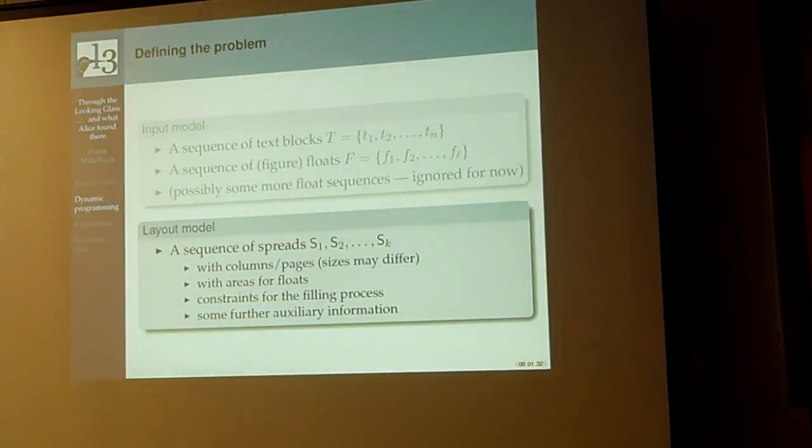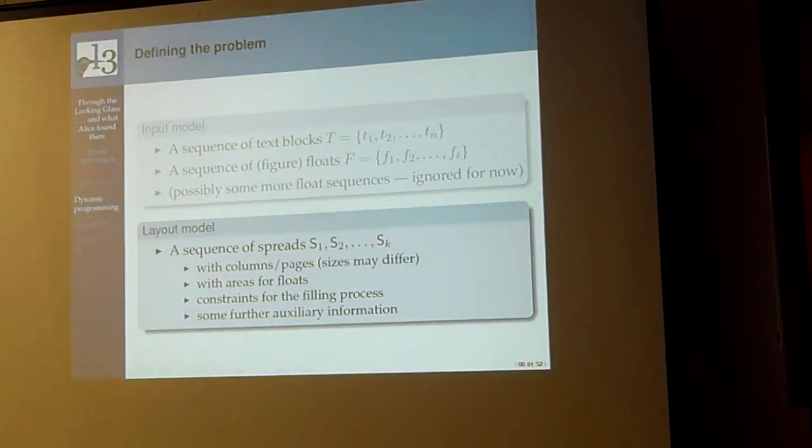And we have some kind of rules where we can place the figures, and we have some process description of how to put them. So for example, the first figure would go in the top left, and a second could go at the bottom or in the right bottom. Those kinds of things could be described as part of this model.